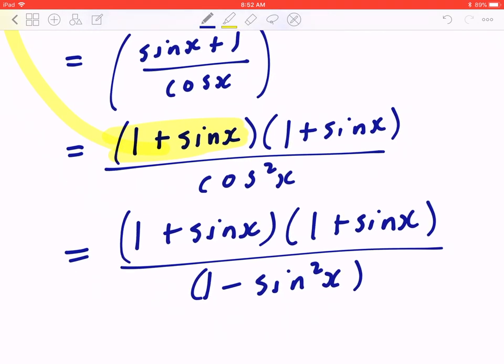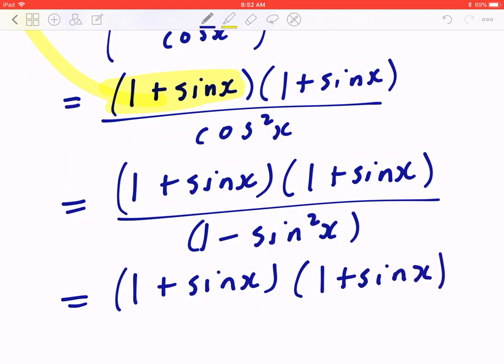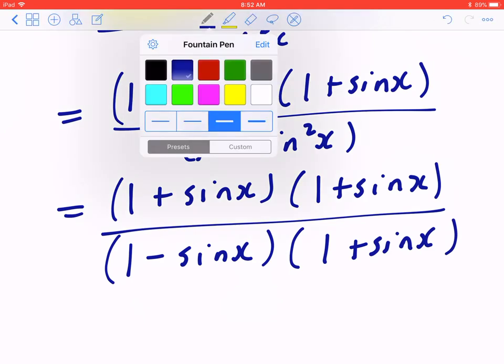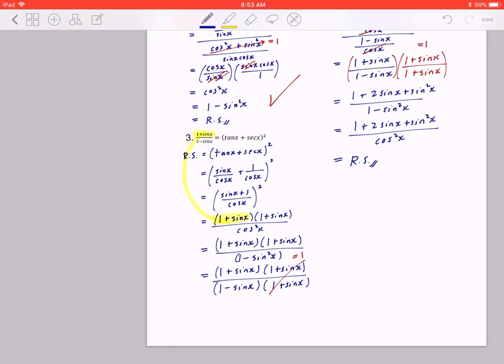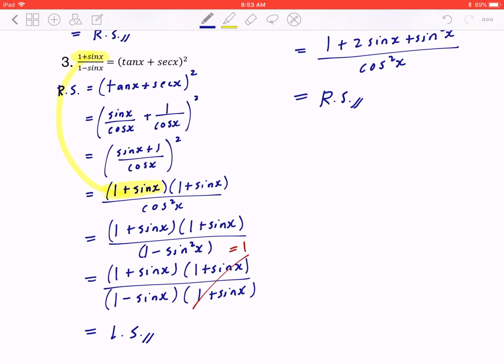And again, step 5 says factoring, very, very useful. If you look at the denominator, 1 minus sine square x is the same as 1 minus sine x times 1 plus sine x. And of course, if you look at the top and the bottom, you can cross out the 1 plus sine x over itself. And now, this is exactly the same as the left-hand side, just like that.